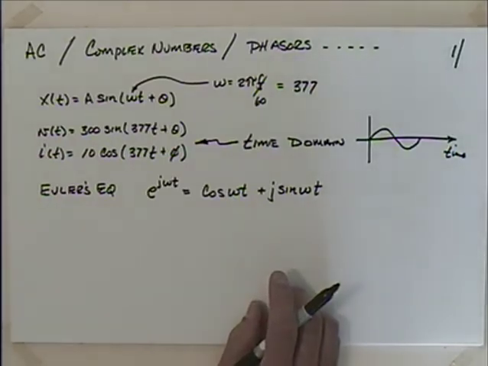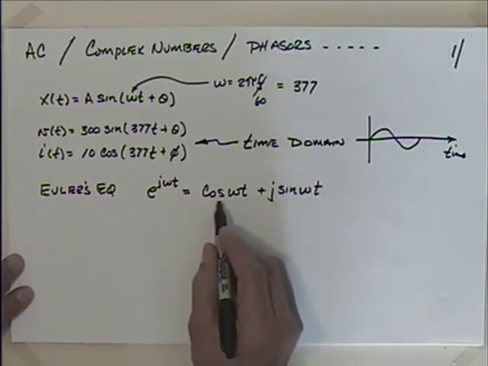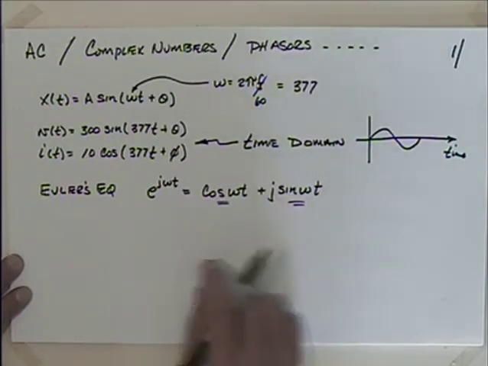Okay, and Euler has lots of equations. I think I talked about that last time, but that's one of them, and the one that we're going to use. Of course, this portion here is real, and this portion here is imaginary.